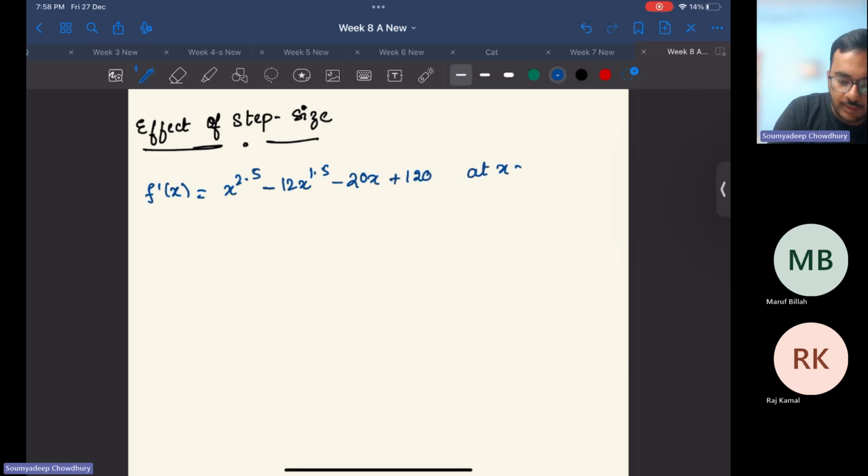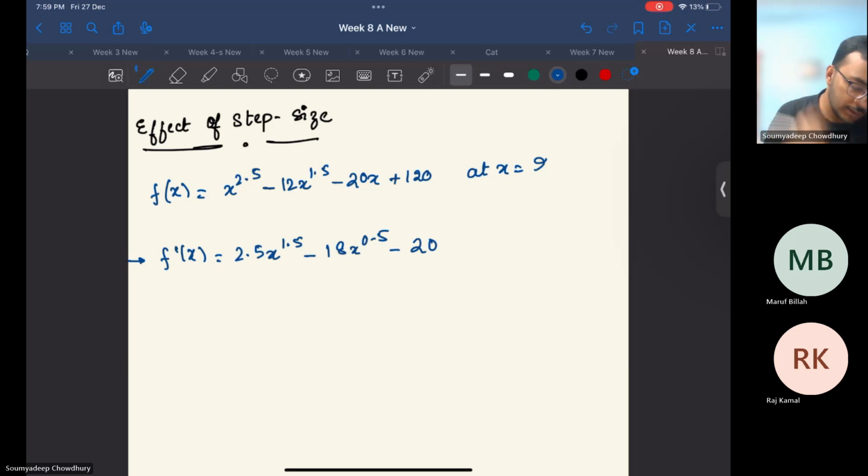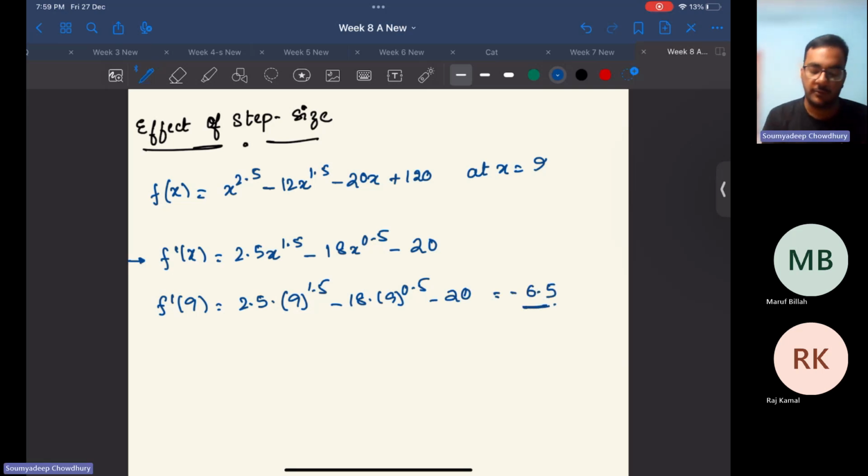Say we want to find the derivative of this function at x equals 9. So this is f of x, and f dash x, if we just differentiate, we find the true value first. We substitute this and we'll get minus 6.5.